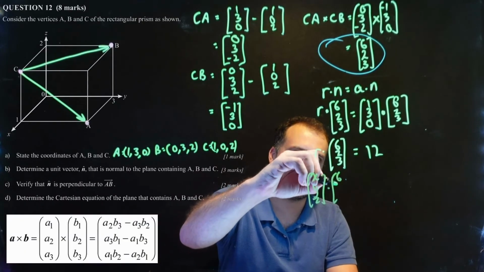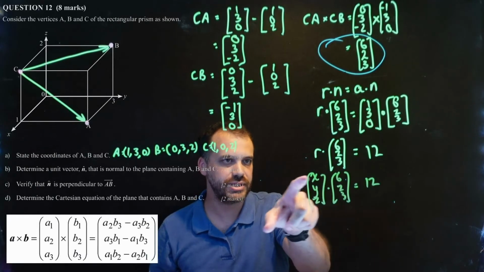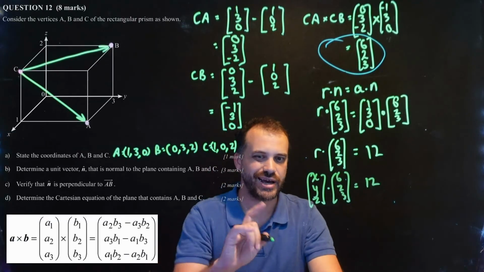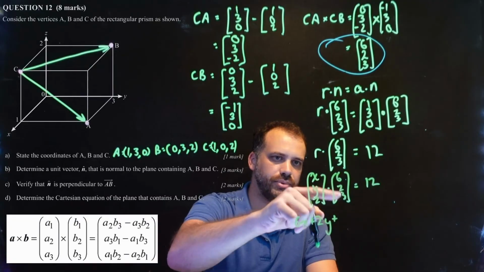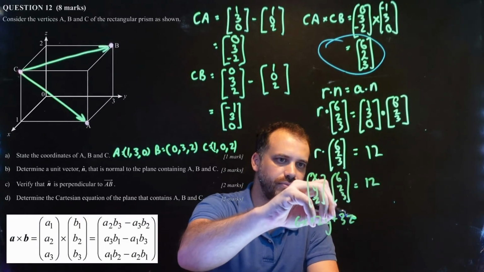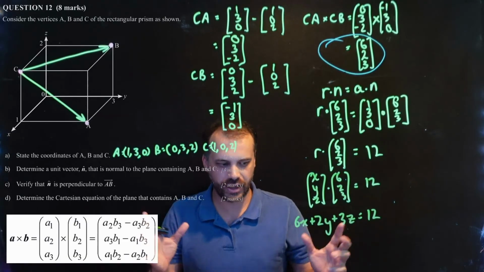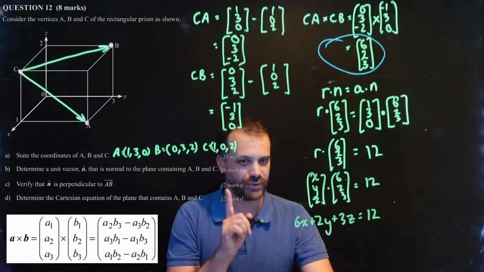Now when we do that, that has the effect of just being 6x plus 2y plus 3z. It happens every time. 6x plus 2y plus 3z equals 12. Okay, that is the Cartesian equation of the plane.